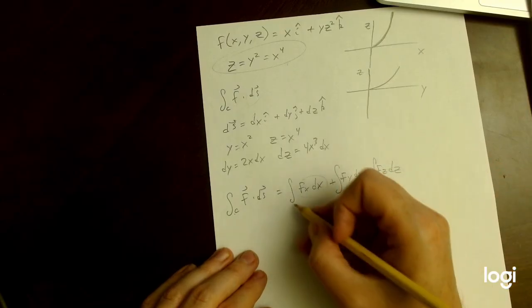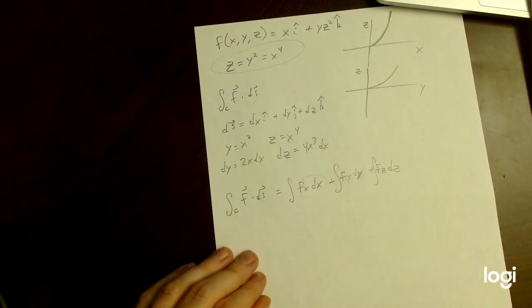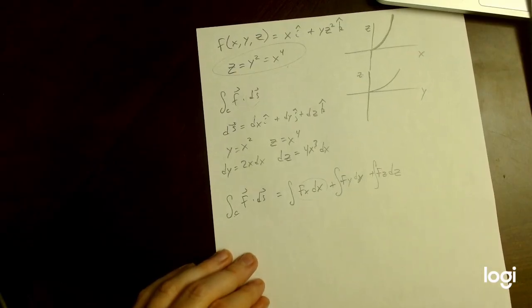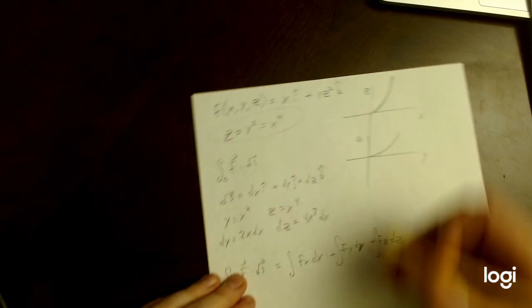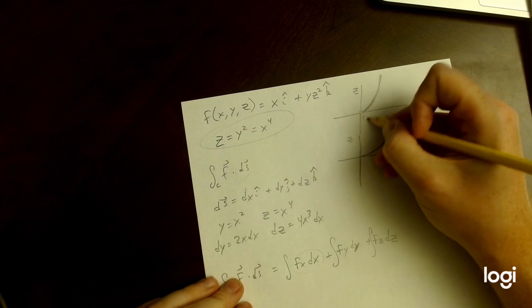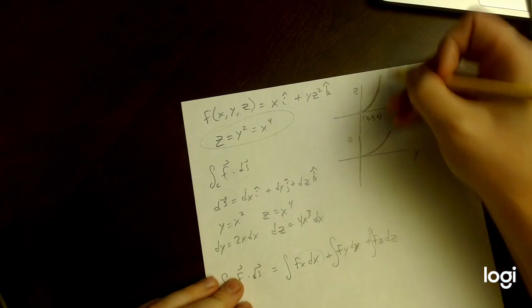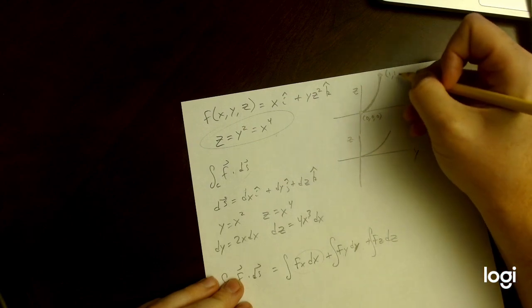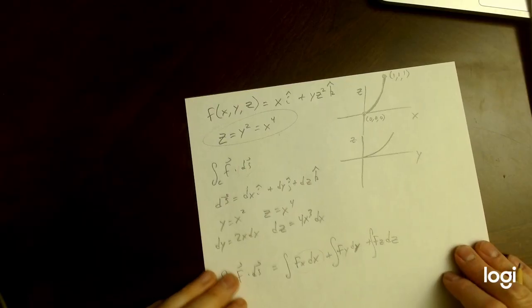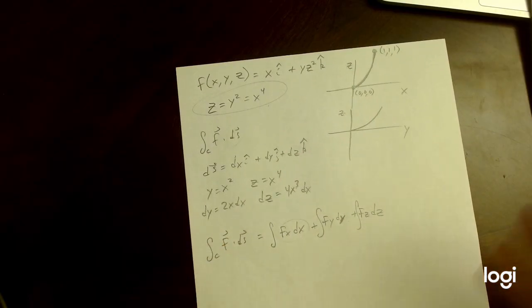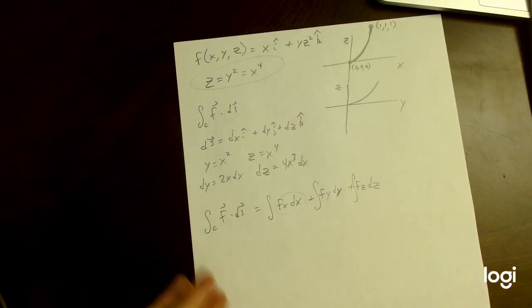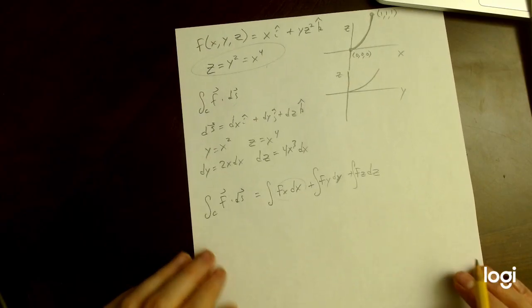I think I forgot to define that we're going to start at the origin 0, 0, 0 and go to the point 1, 1, 1. So I need to specify the beginning and end of my path if I'm going to evaluate this path integral, this line integral.